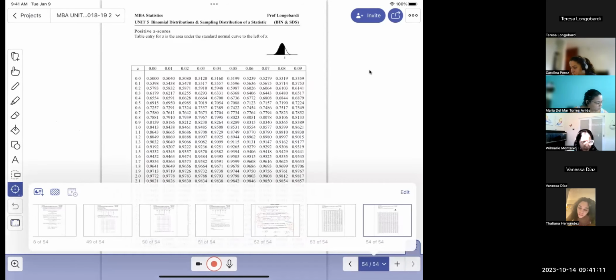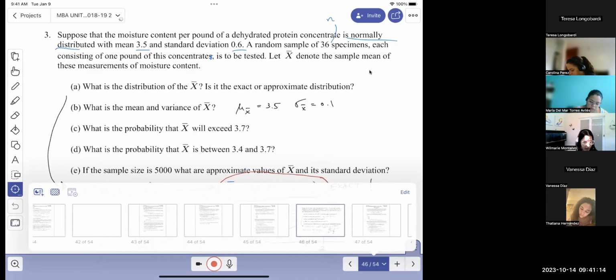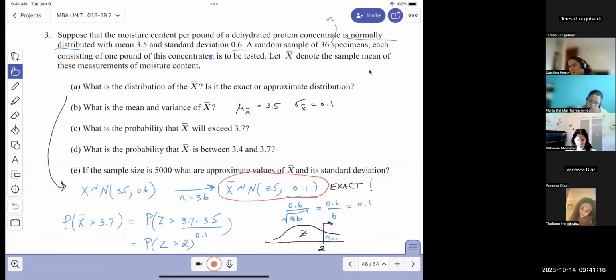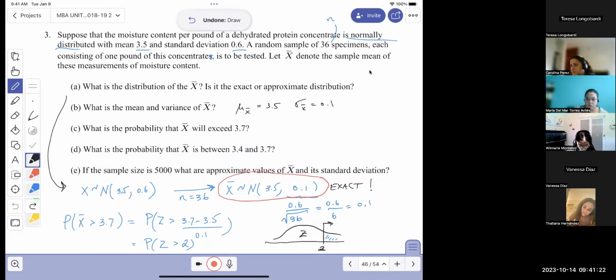That's not what I want, because the table only gives me the left side. So I have to take 1 minus 0.9772, which is 0.0228.